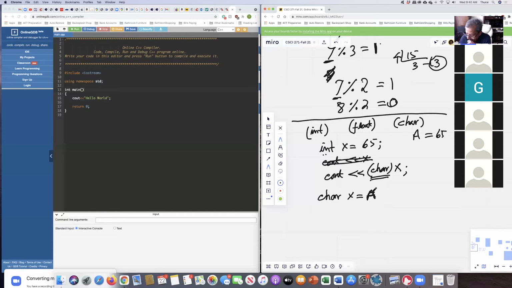If you do that, then you're storing character A. You have to have quotes around it. You're storing character A in X, and that's equivalent to storing 65. Yes. Oh, then it's character. Yeah.